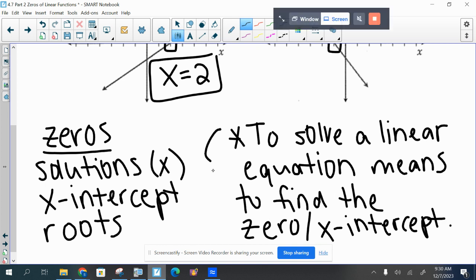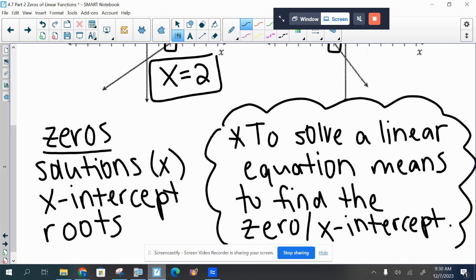Okay, so that's a key concept there. Solving a linear equation, or any equation really, means finding the x-intercept, finding the zeros.